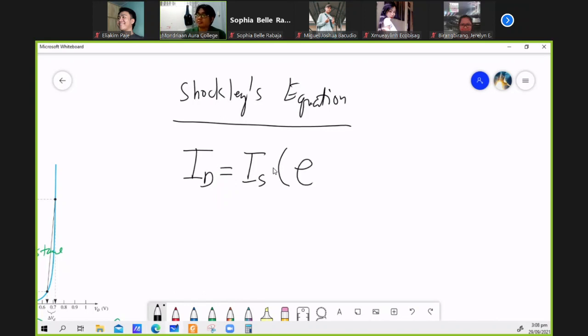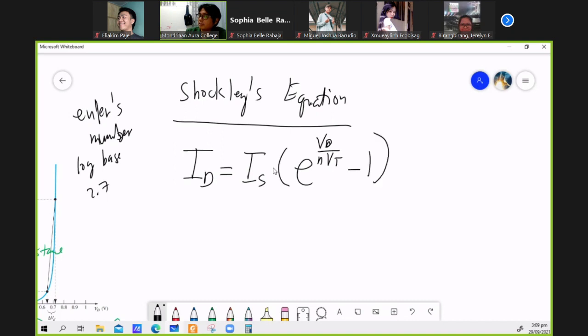This is called Euler's number, which is the base of the natural logarithm, approximately 2.7. Or the exponential function na tinatawag. So, e raised to V sub D over n V_T minus 1. This is in milliampere. So, this is Shockley's equation.